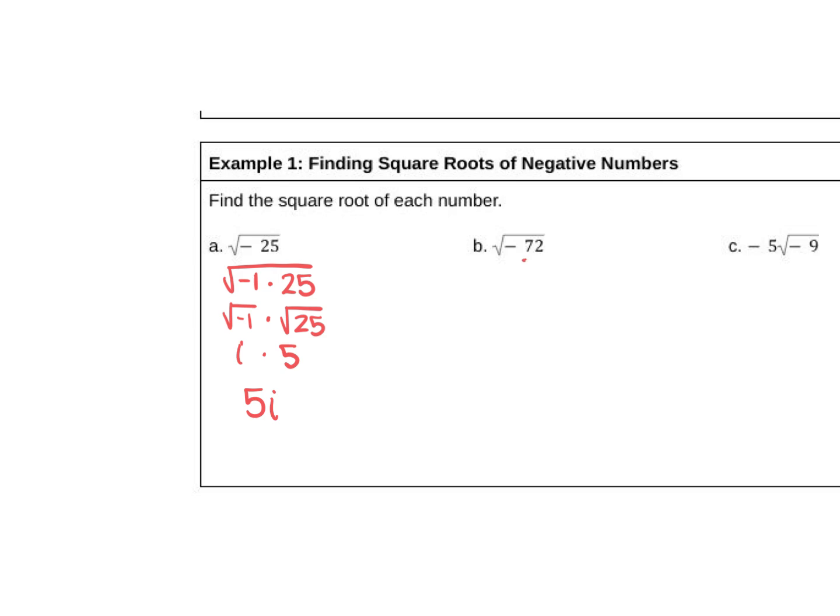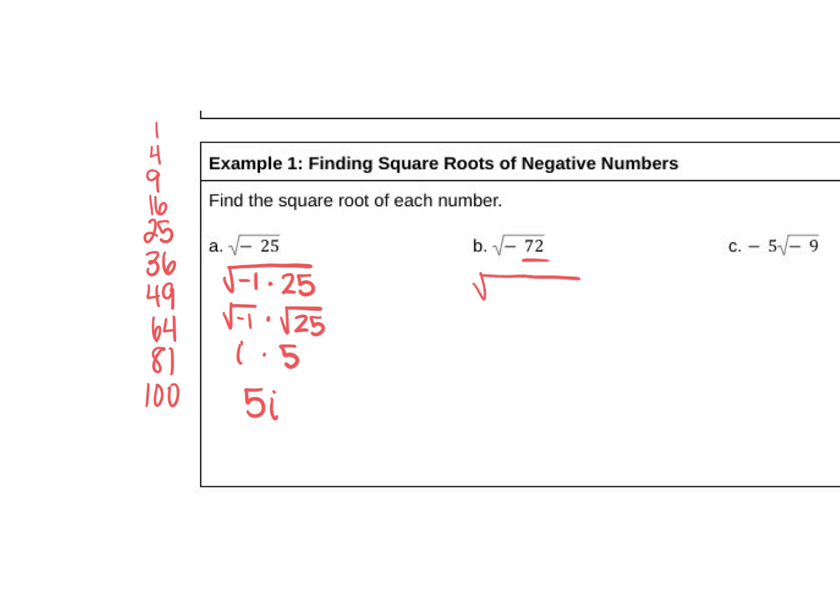Now 72 is not a perfect square, so we got to simplify it using that list. Remember that? Our perfect square list: 1, 4, 9, 16, 25, 36, 49, 64, 81, and 100. Feel free to come grab a calculator if you need it.